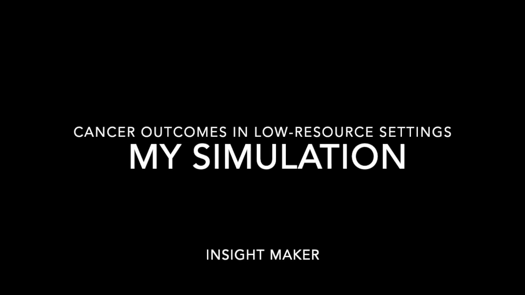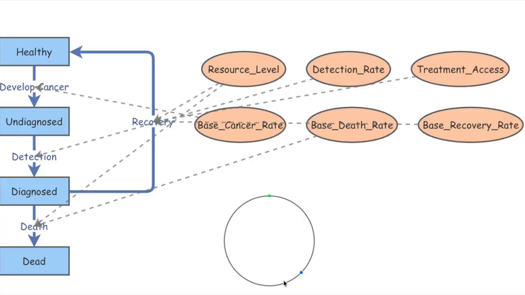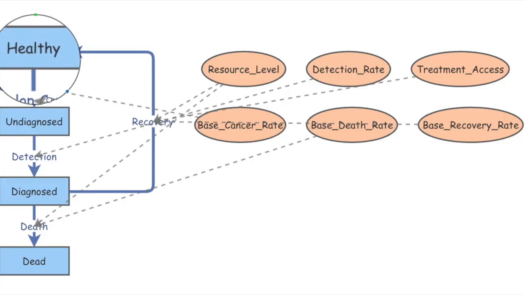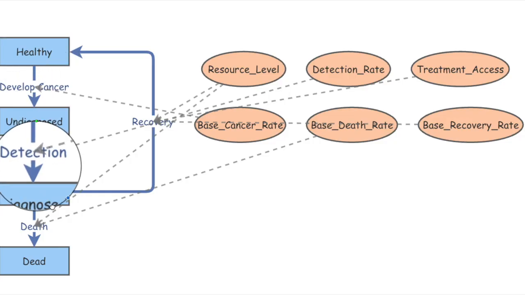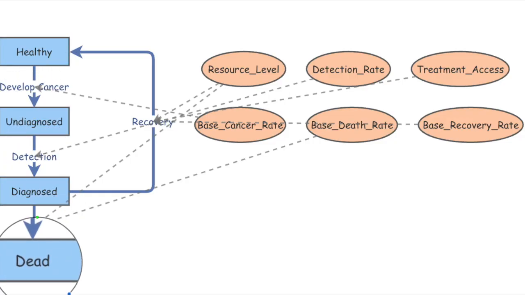So here we go. All 100 villagers start out healthy, but over the course of 20 simulated years, people move into 4 groups: healthy, undiagnosed, diagnosed, and dead.